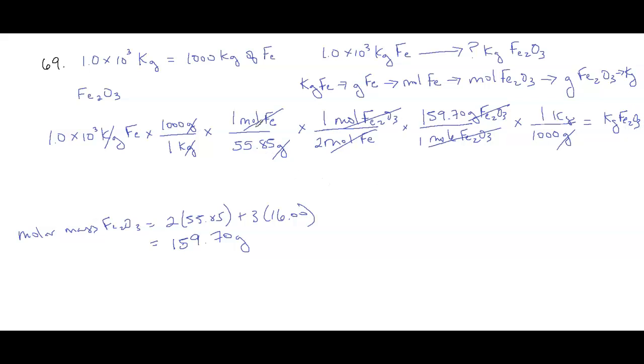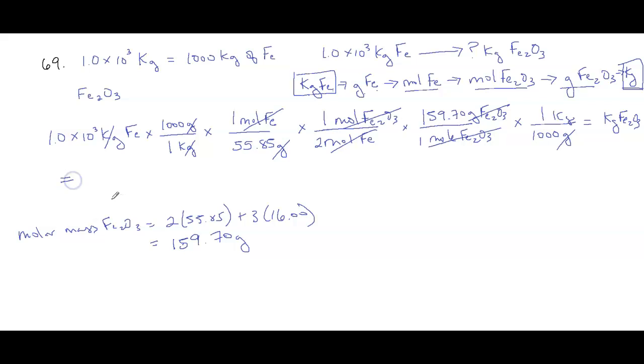So that's 1, 2, 3, 4, 5 conversion factors to go from kilograms of iron to kilograms of iron oxide. I had to go from kilograms of iron to grams of iron to moles of iron to moles of iron oxide to grams of iron oxide to kilograms of iron oxide.